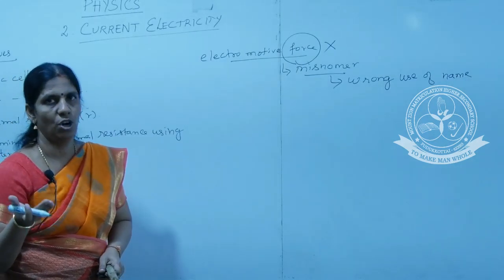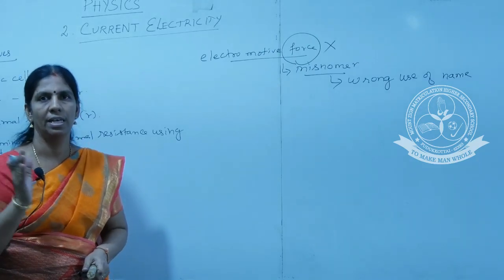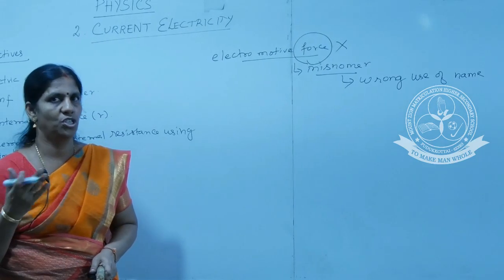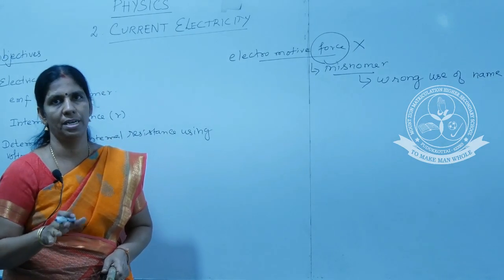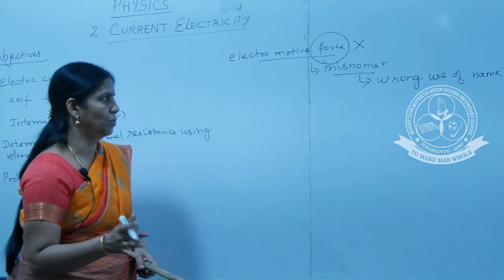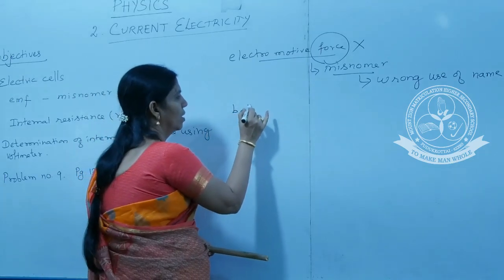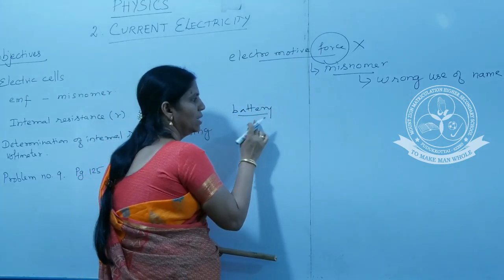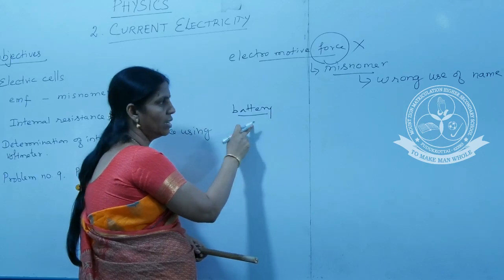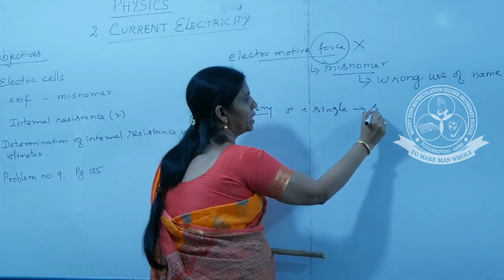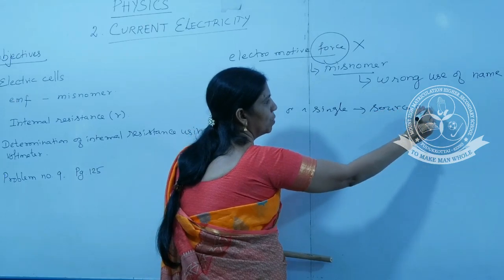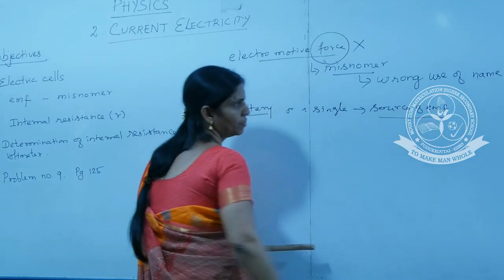So it is not a force, it is either a work done to make the charge move, or it is the potential difference provided by the battery or the cell. And so a battery, as we have already learnt, several cells connected together, or a single cell, is a source of EMF.